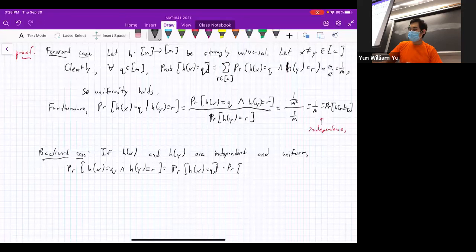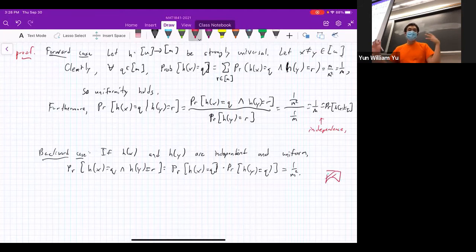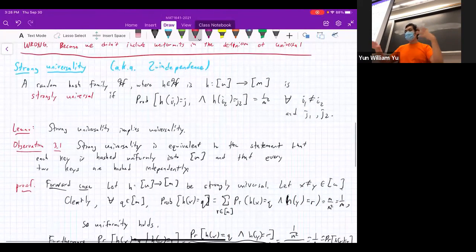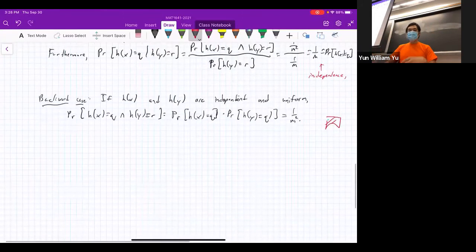And the probability that H of Y is equal to Q is equal to 1 over M squared. Note that this is also called 2-independence, to focus on the independence of two events. So our original definition was just this definition for these pairs. But what we really mean is that if you pick any two items, the random variables associated with them are independent of each other.